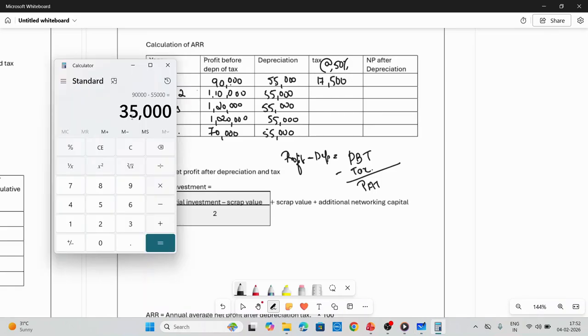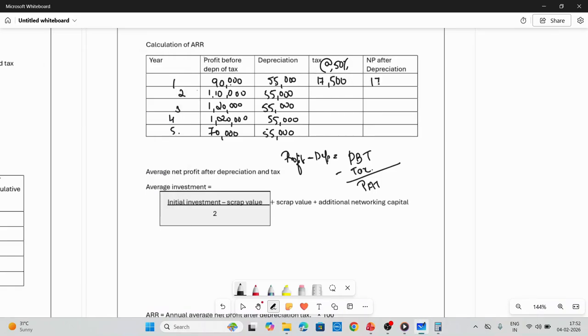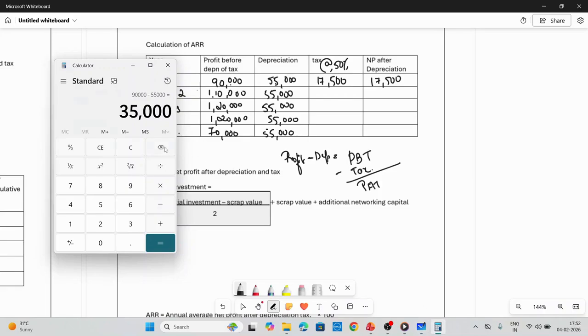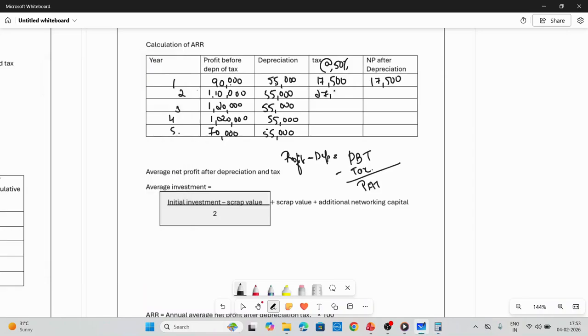What's the remaining amount? 35,000 minus 17,500 is 17,500. 1,10,000 minus 55,000 is 55,000. 55,000 at 50% is 27,500. What's the remaining amount? 27,500.